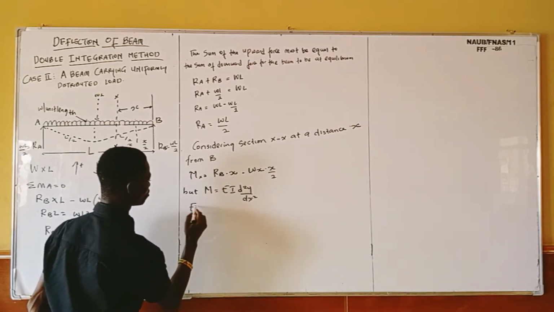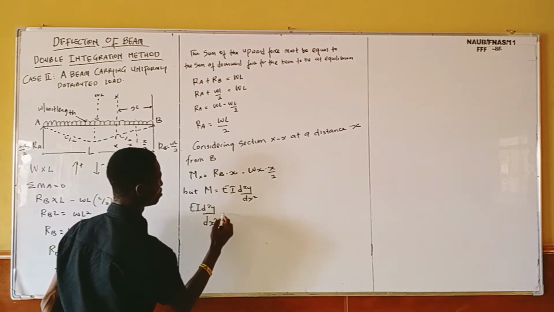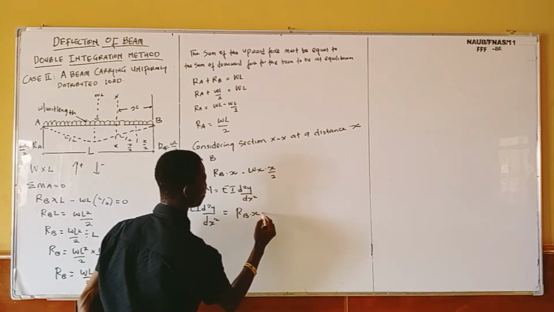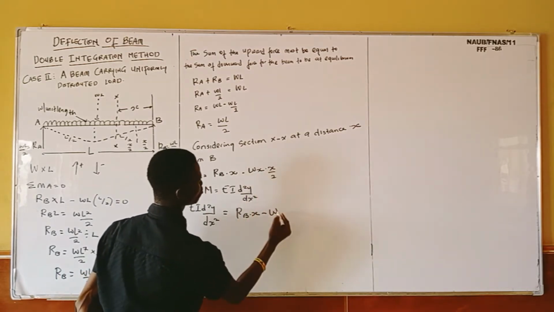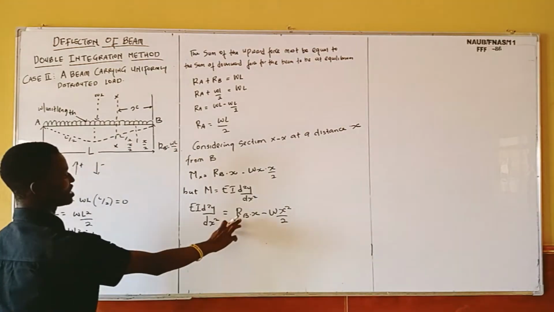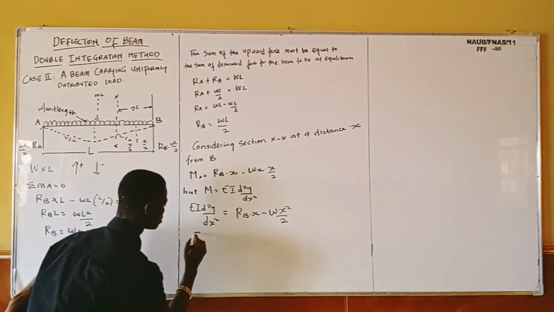So we now have EI d squared y over dx squared equals RBX minus WX times X over 2. But don't forget that the value of our RB is WL over 2.